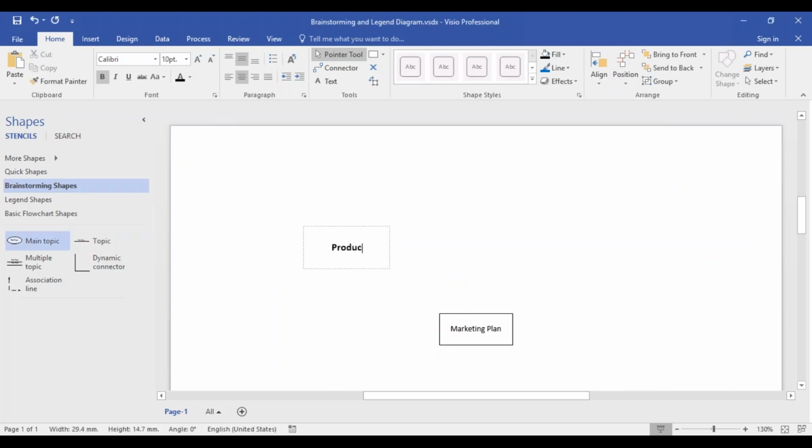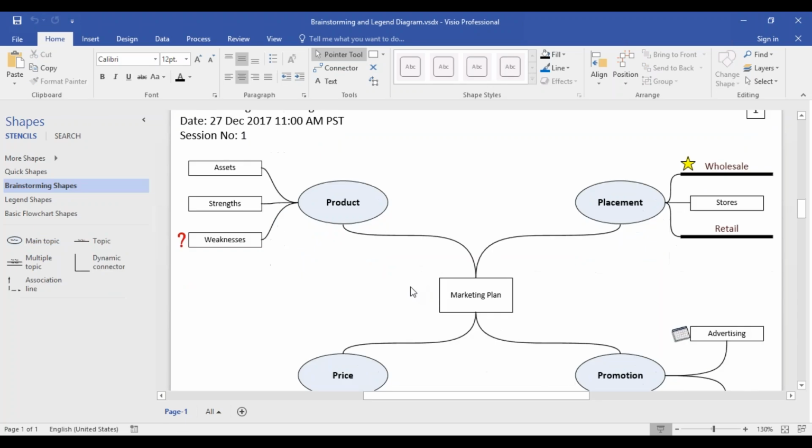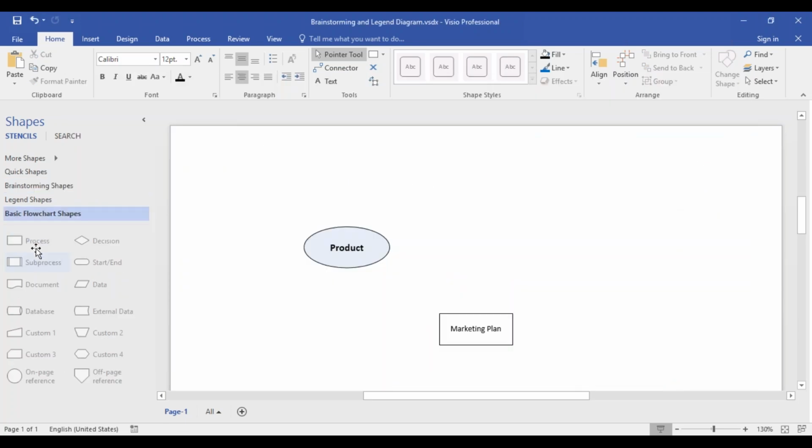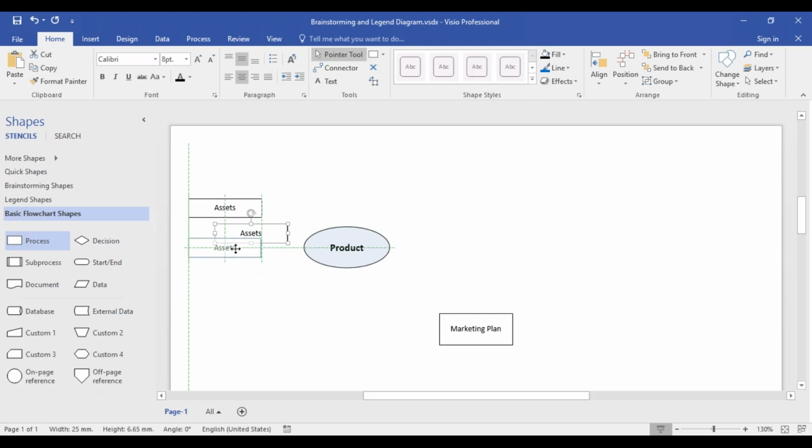Product. And you have the process shape. So here in the process shape: assets, strengths, weaknesses.